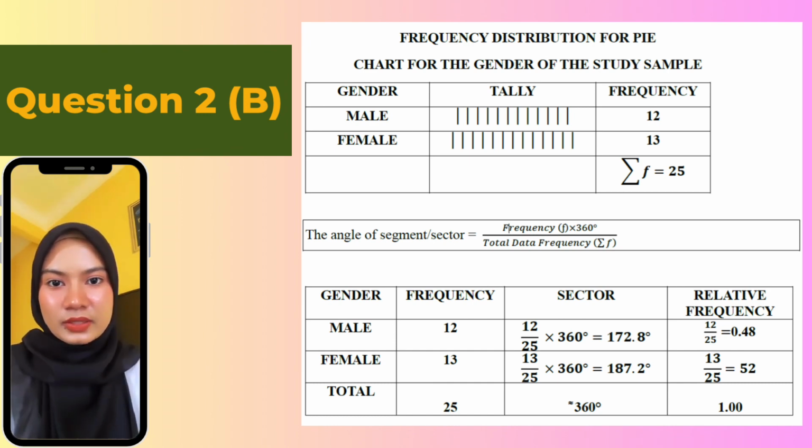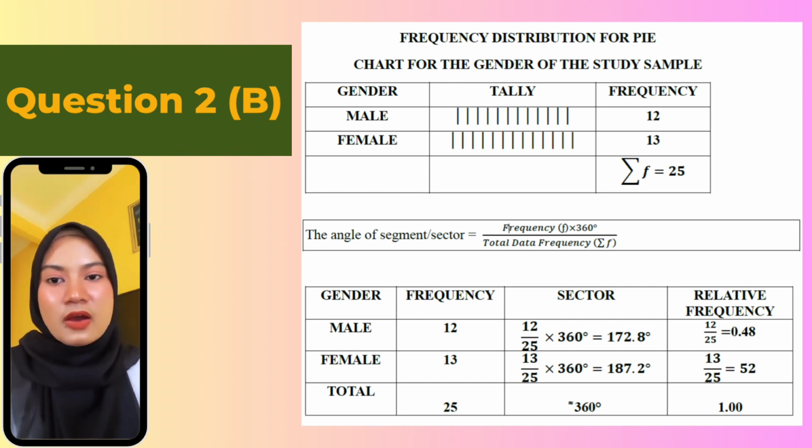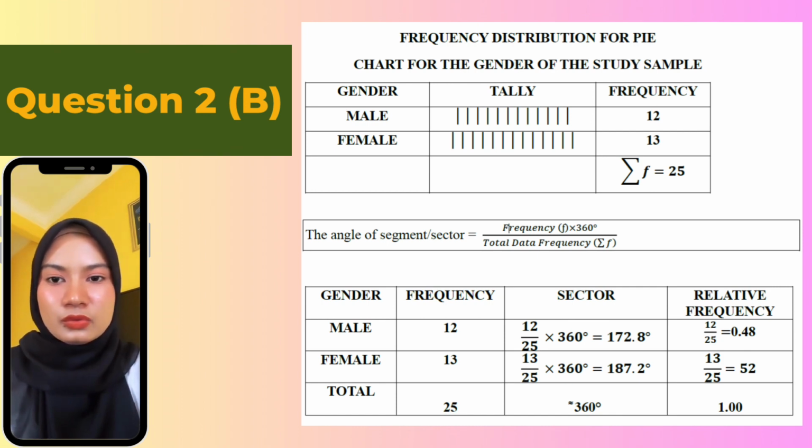The sector of male is 12 multiplied by 360 degrees divided by 25. The answer is 172.8 degrees. For sector of female, 13 multiplied by 360 degrees divided by 25. So, the answer is 187.2 degrees.